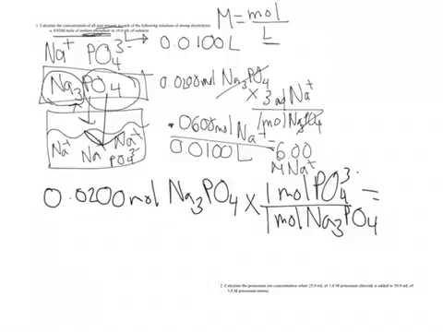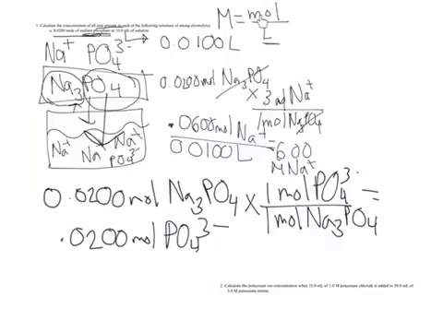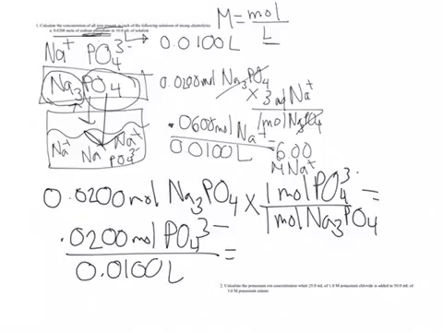So, our moles of phosphate is 0.0200 moles times 1 over 1. It's a 1-to-1 ratio. So we now have our moles of our phosphate ion. And to get molarity, molarity is moles divided by liters, we divide by the liters given. And our answer is 2.00 molarity of the phosphate ion.